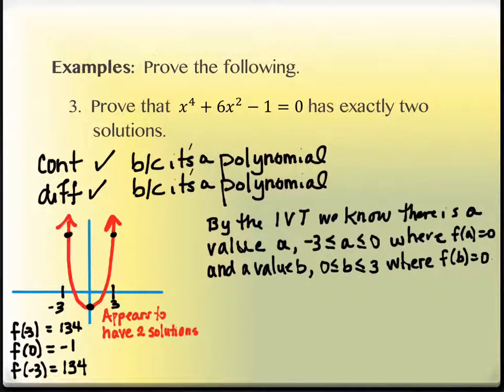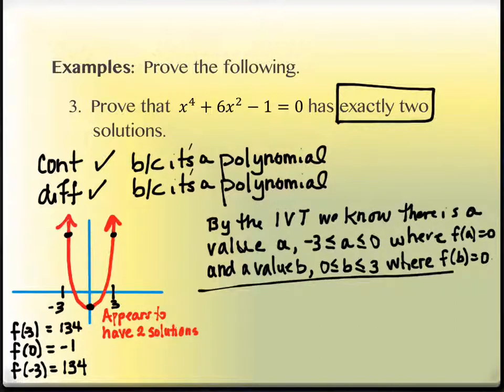So here's where we have this exactly business going on. We know by the intermediate value theorem we have at least 2 solutions, right? But what we want to do is we want to show that we do not have more. So we're going to do something called a proof by contradiction. It's not really a proof, but we're going to try something where we're kind of contradict what we know is going to happen, and we're going to run into a conflict. Okay?